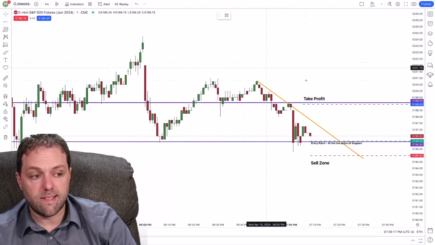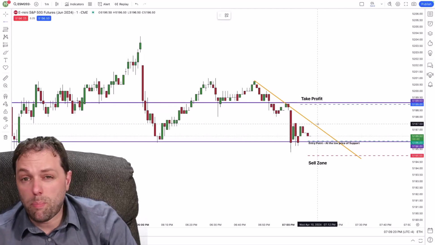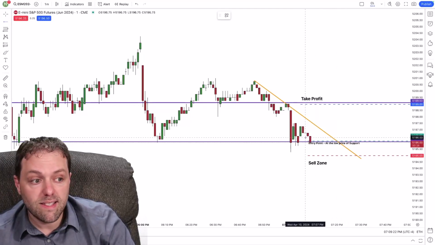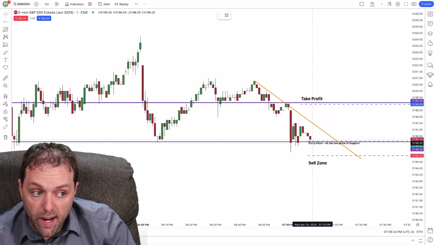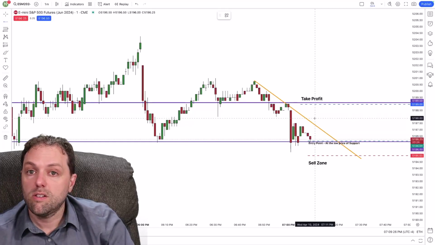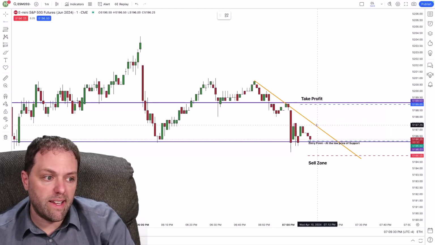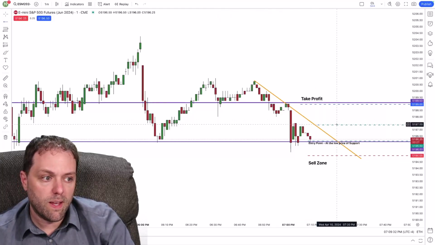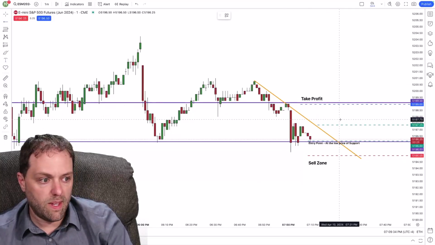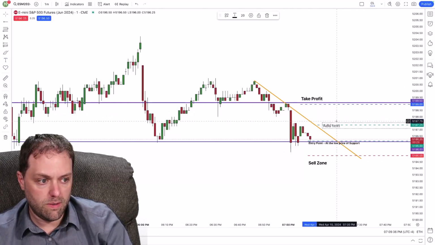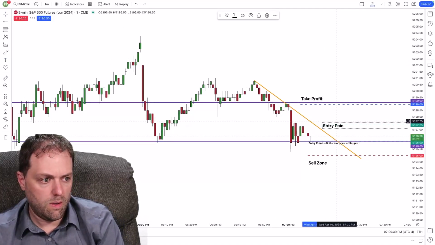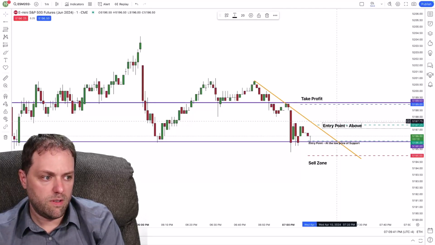Or what I like to see is some bullish momentum. I would like to see that the market price is going to be rallying to a higher price. So what I'll do is set a second entry point up here and say entry point above support resistance.